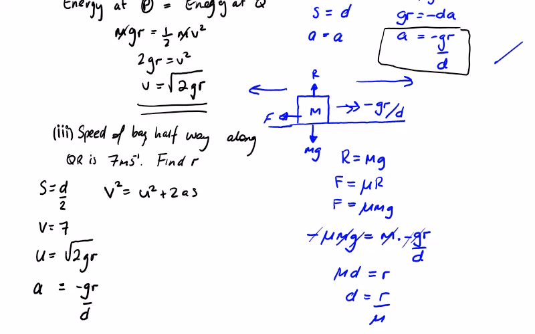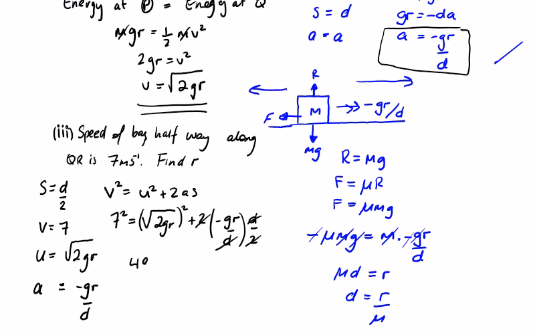And you can see we have r's involved here, so we have to simplify down in terms of r. So 7 squared is equal to root 2gr squared. You could do this in one step. You could write 49 is equal to 2gr plus twice my acceleration of minus gr over d times my distance, which is d over 2. Now we can cancel our d's and we can cancel our 2's.